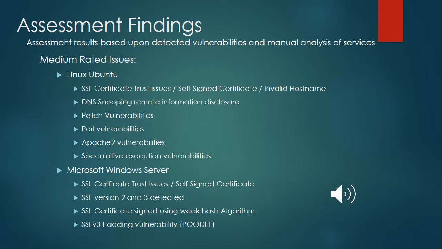However, two of these, the certificate trust issues and the self-signed certificate, were on this system by design. We did not purchase certificates, so this could be remediated, but this was likely on there based upon the choice of the system.